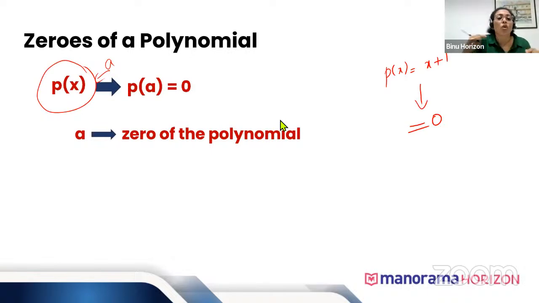That will be the zero of the polynomial. You can say the number that makes p of x or p of a equal to 0 is called the zero. If a is that particular number, we call a a zero of the polynomial.